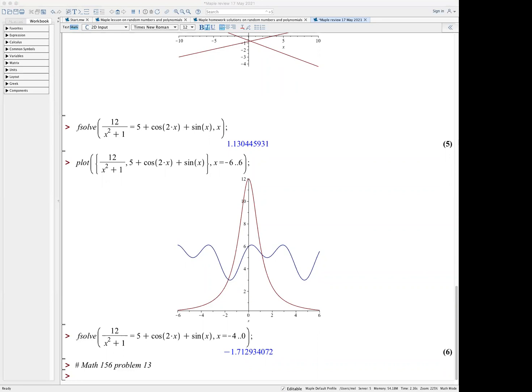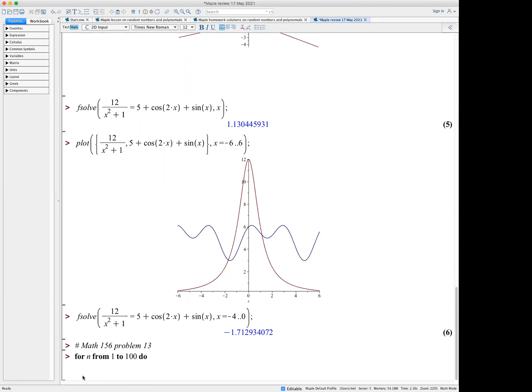So all we want to do is write a program that lists prime numbers of a certain sort. So I can say the following: for n from 1 to 100, do. And I put in my n do.